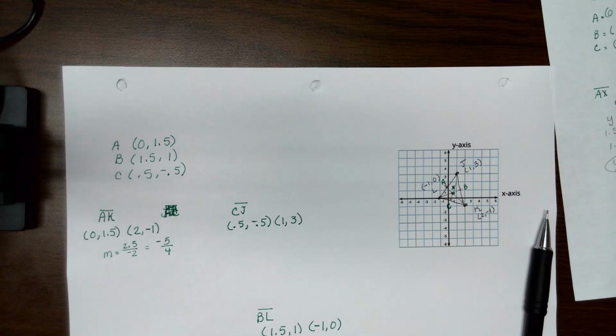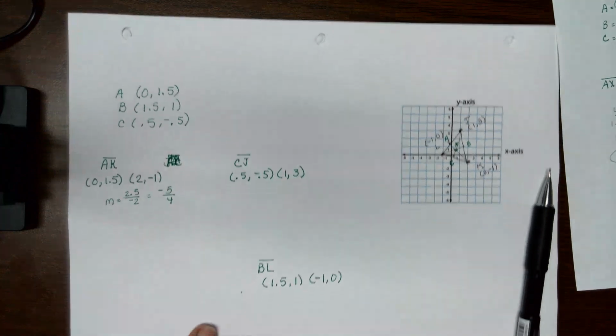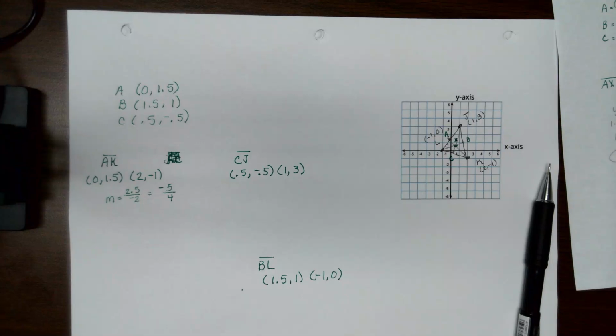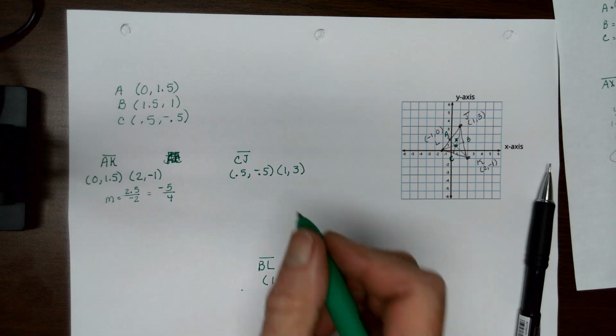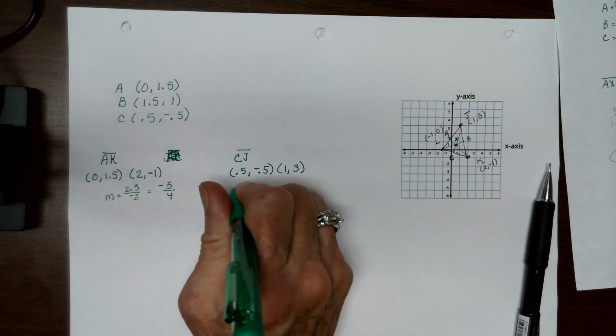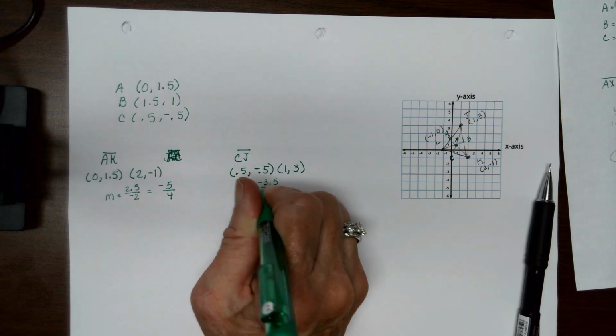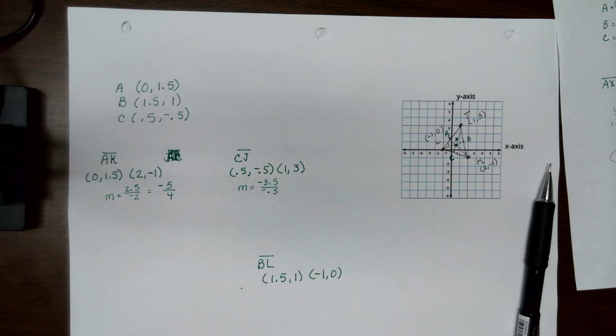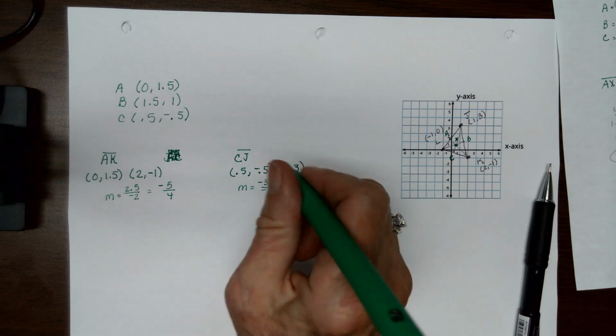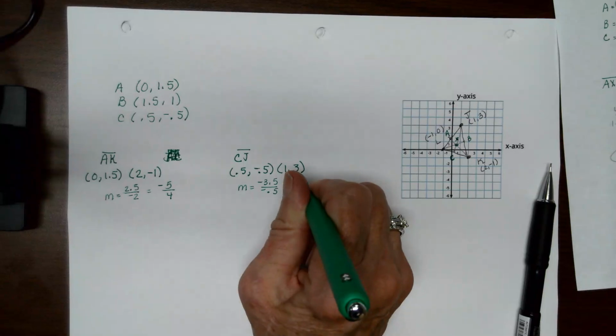Okay, then I'm going to do this one. So go back to the slope formula. And I'm going to get 0.5 and -0.5, and then 1 and 3. And I have -3.5 and -0.5. So again, I'm going to change that to make it proper. So I have 3.5 divided by 0.5, and it's going to give me a slope of 7.